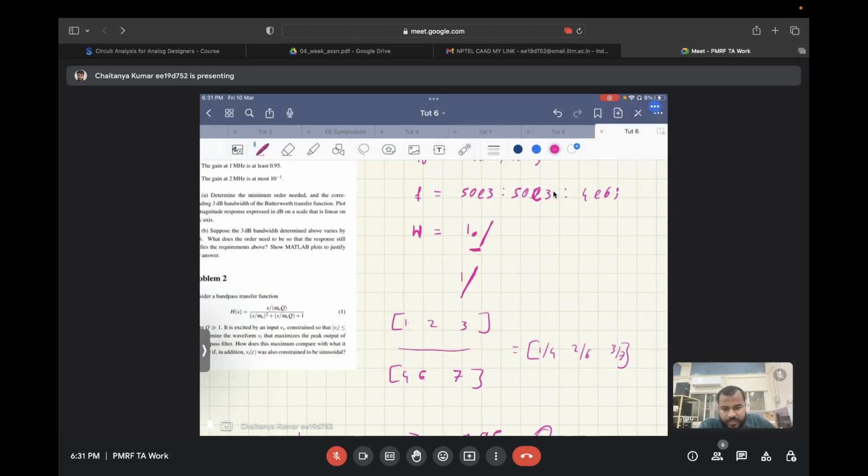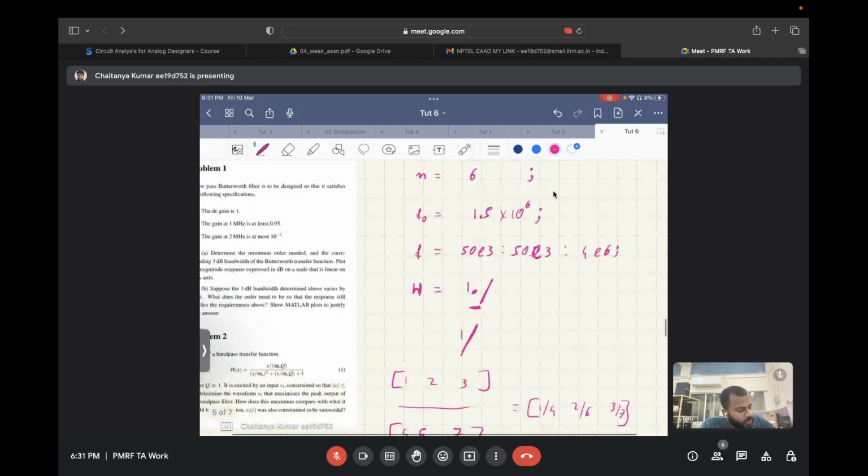Is that clear? Yes, sir. I'm listening, sir. So now how does it go? It has 1 plus f by f naught. Again, here you have to do element-wise exponential.